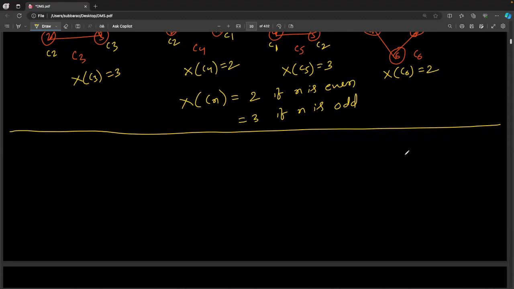So let's start. I'm giving one problem. Find the chromatic number. So take the graph.